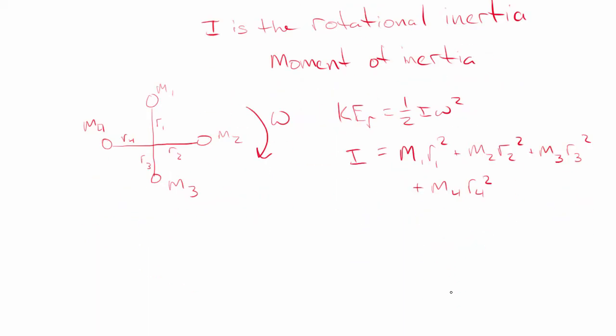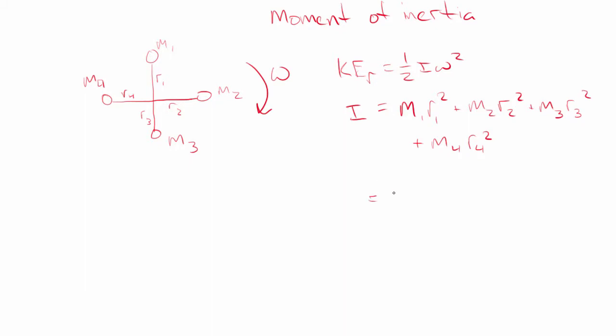And if you like math, that's kind of a long thing to write, so we could just stick this summation symbol in the front and do a summation over i of mass i r i squared. So this is usually how you'll see this written. For i objects or something like that.